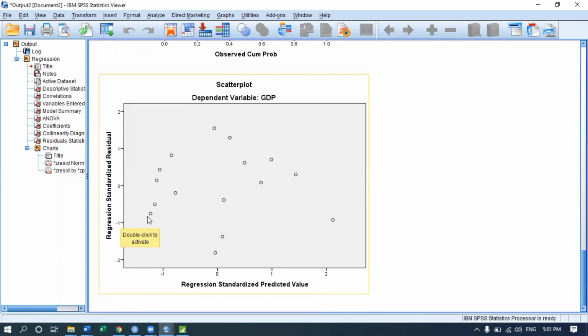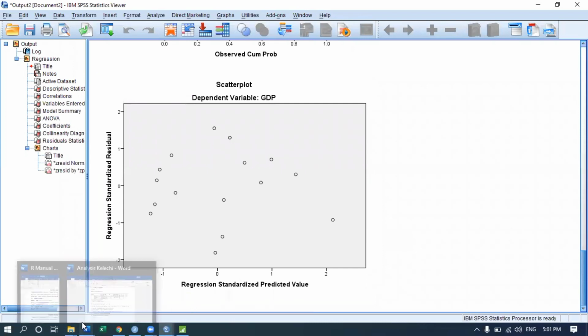If all the points are moving in a cycle, or zigzag, or circular form, or moving this way like this, that's a pattern. Are you seeing my cursor? In this case, it is scattered. You can't tell me any particular pattern. So because there's no pattern, we say there is homoskedasticity. I will show you the complete work I did, the analysis.